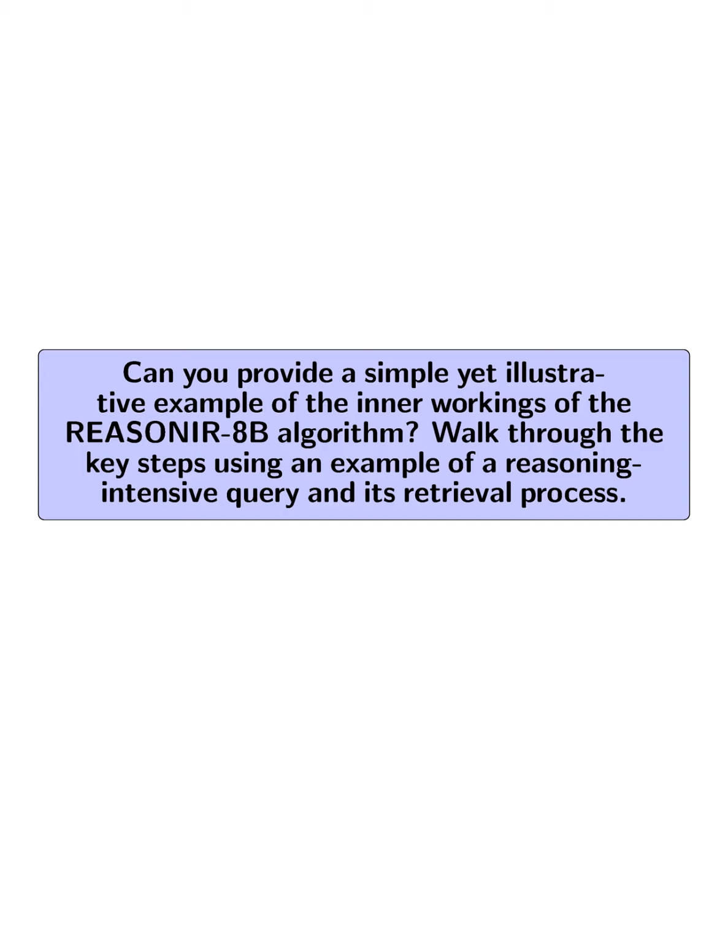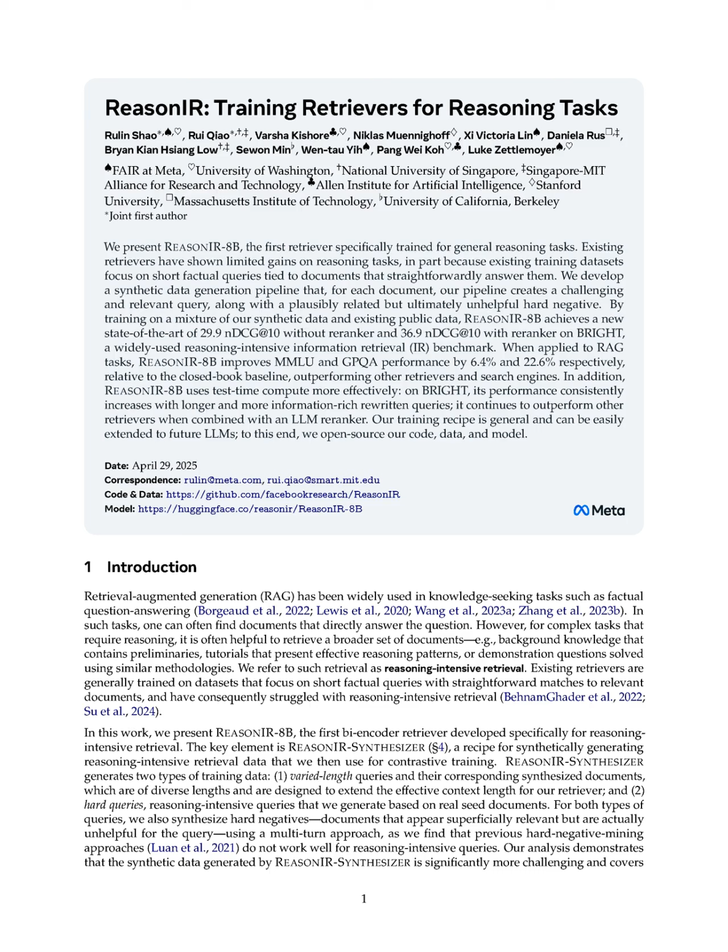Can you provide a simple yet illustrative example of the inner workings of the ReasonIR 8B algorithm? Walk through the key steps using an example of a reasoning-intensive query and its retrieval process. The ReasonIR 8B algorithm operates through a series of key steps designed to enhance reasoning-intensive retrieval.